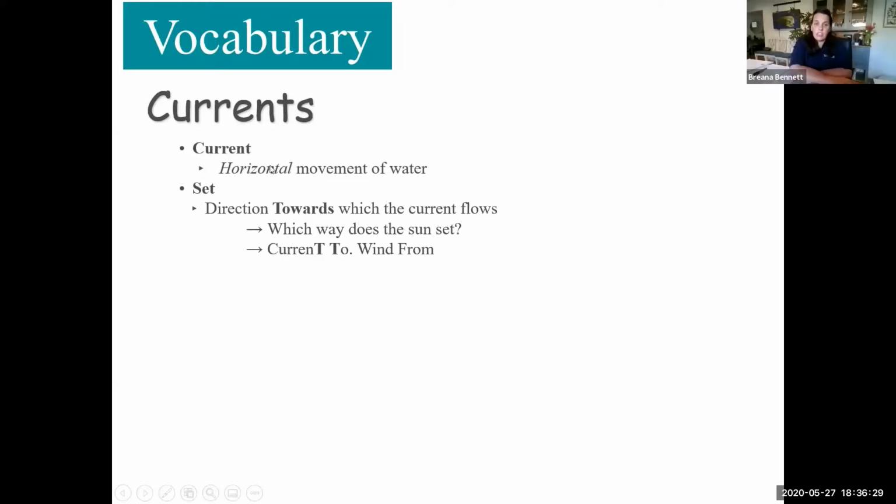Okay, so when we look at current, we have set, and the set is the direction towards which the current flows. My little remembering thing here is, which way does the sun set? The sun sets in the west, that's a direction, not a speed, where drift is a velocity. Set is a direction. So it's which direction is the current flowing. If you had a northerly current and you were sitting out there in a little inflatable tube, you would be flowing towards the north.